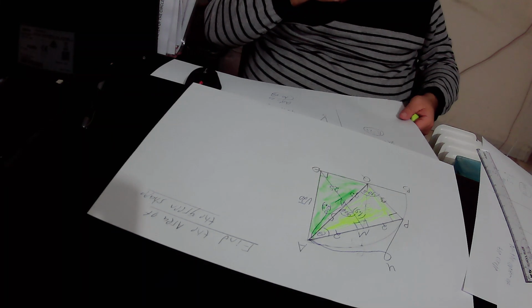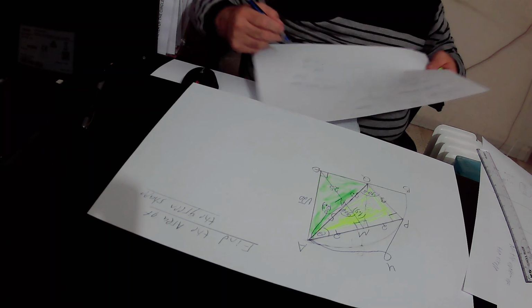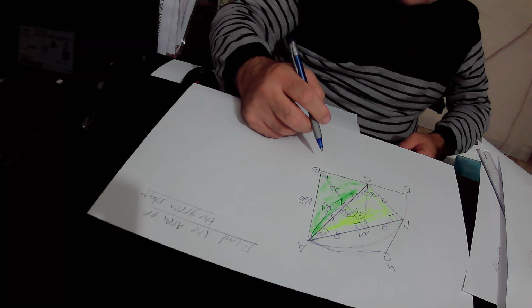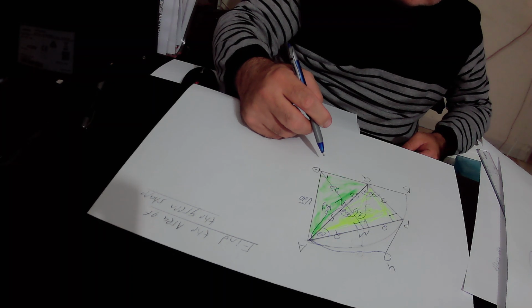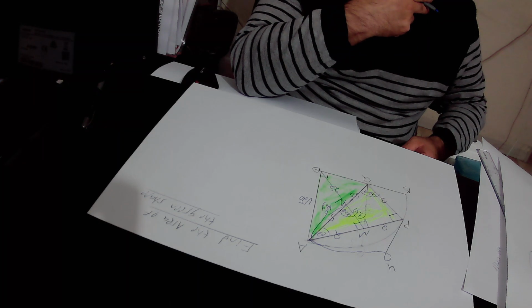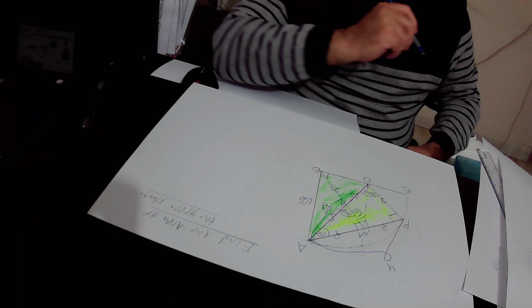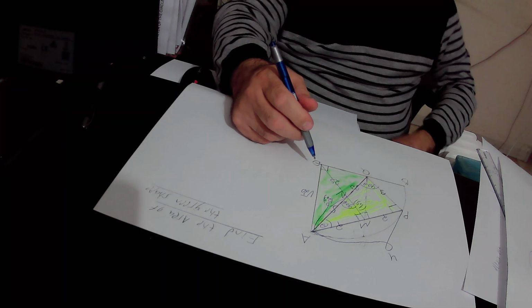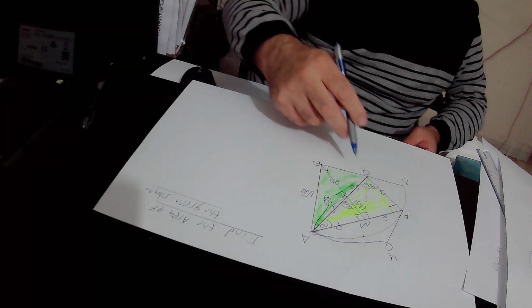So in the next step, we will implement the Pythagoras theorem on the green triangle AQO.